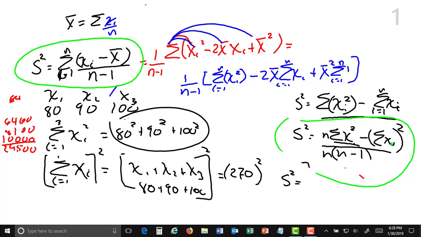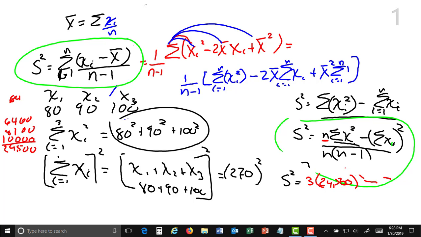Okay? And what do I have here? What's n equal to? That's right. So 3 times 24,500. I don't know if that's right. I just did it. Correct? Minus 270, correct? That's what this is. It's just adding them all up, right?